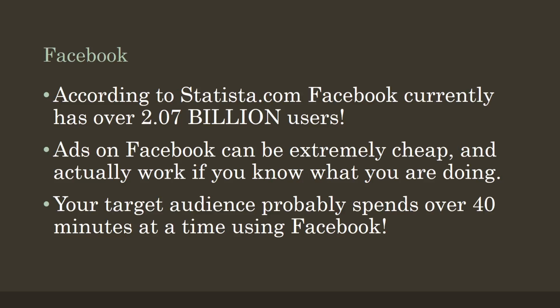Ads on Facebook can be extremely cheap and actually work if you know what you're doing. Your target audience, because there's 2.07 billion people on Facebook, probably spends over 40 minutes at a time using Facebook. You are getting lots and lots of eyes on whatever ad you're going for in a very short period of time.